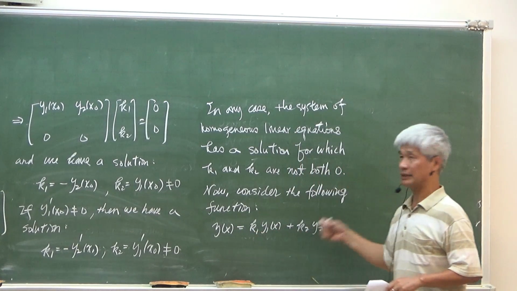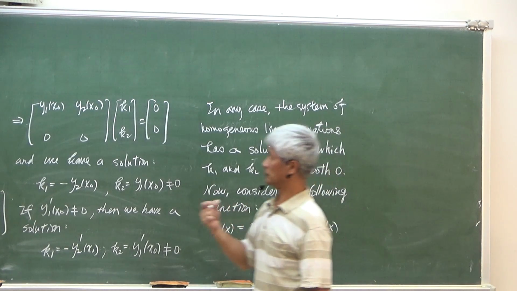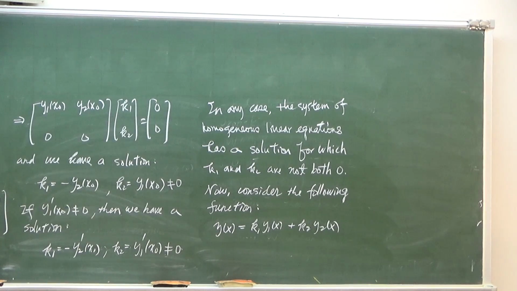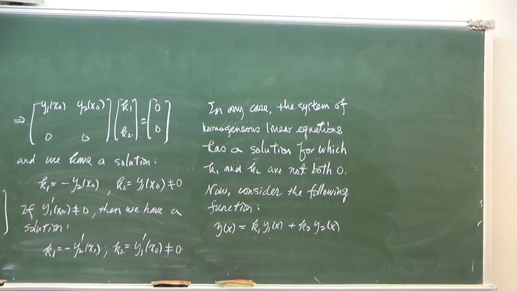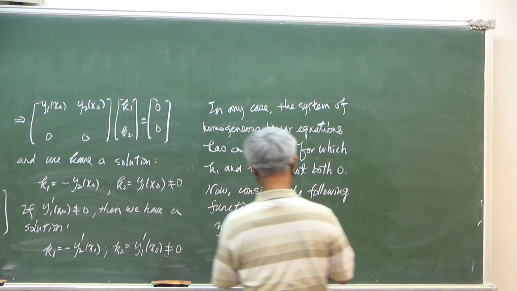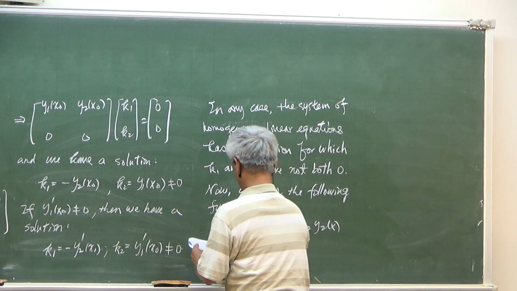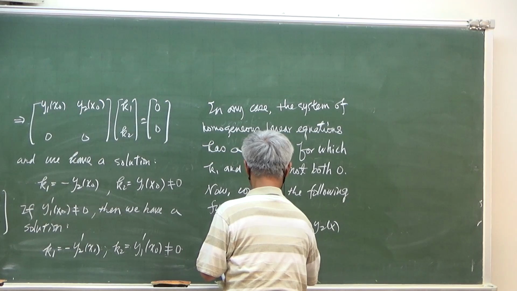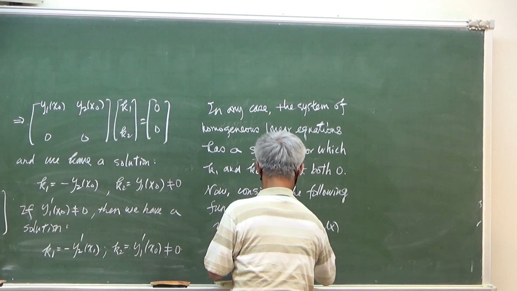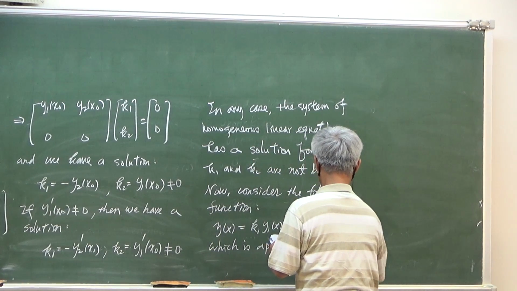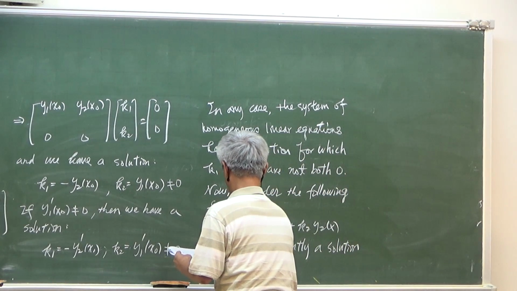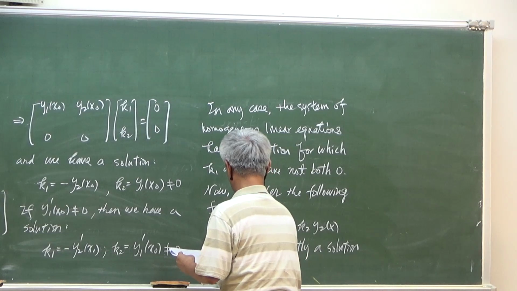Alright, so we find k1 and k2 from solving this system of homogeneous linear equations, and we know k1 and k2 are not both equal to 0. Alright, so we find that. Now, this function is apparently a solution of the homogeneous linear ODE.